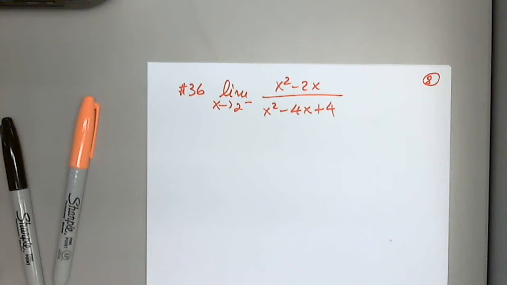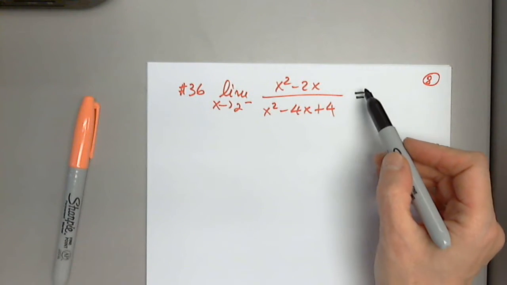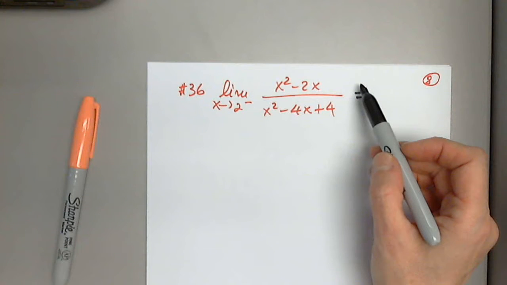Okay. I'm asked to find this limit. I have no idea what type of limit this is or ends up being before I plug it in. Okay, so when I plug in 2, what do I get at the top? 0.